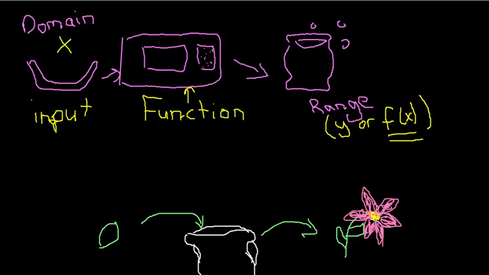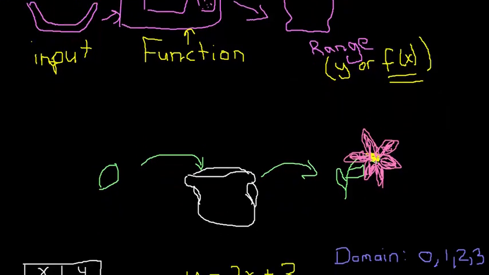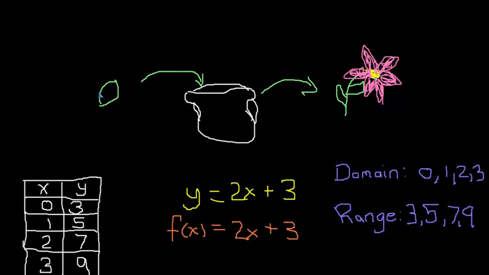And so for another example I'm going to use, imagine a little seed. So in this case this would be like the domain, because it's what you're putting into the soil. So this is my pot, and I know it's not a great pot, but this seed is like the domain or the input. I put it into the soil, okay, maybe some water and some other things.